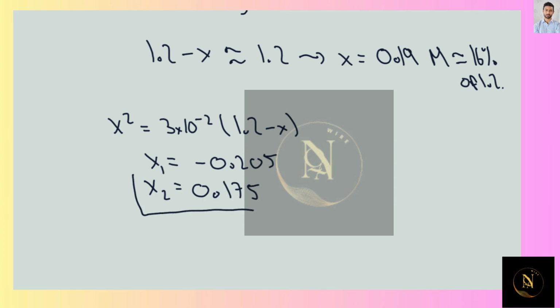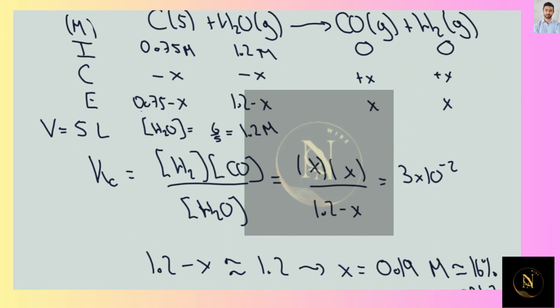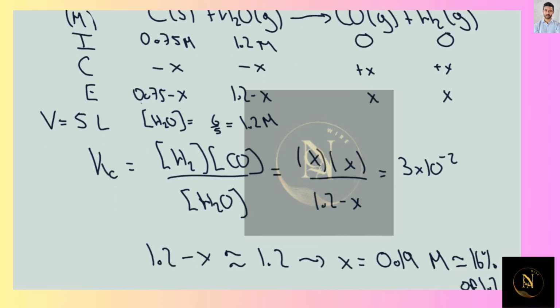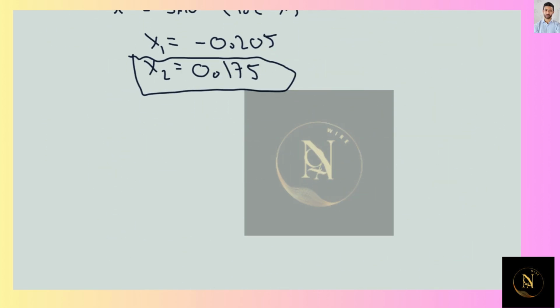So, as you can see, the correct result would be 0.175 molar. So, we have found the value for x. We know that the concentration of CO gas would be equal to x equal to 0.175 molar. This is the same as the concentration of H2 gas.